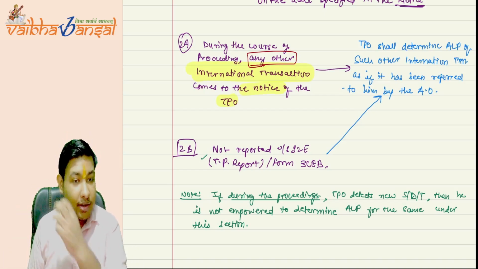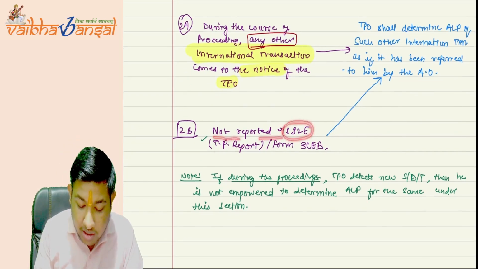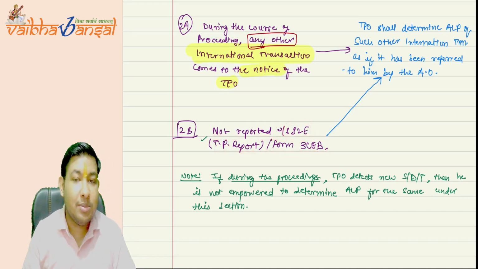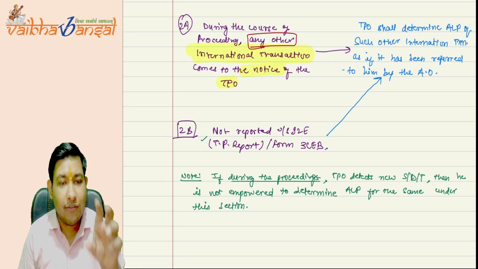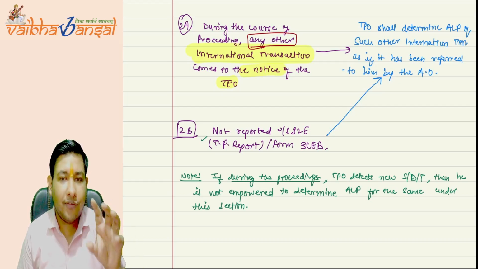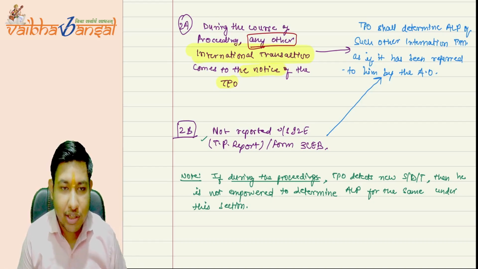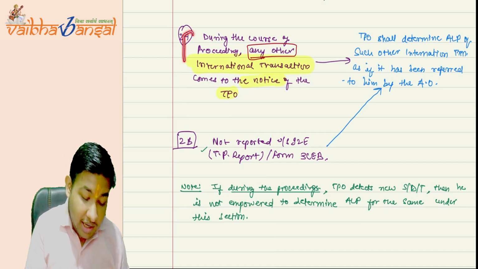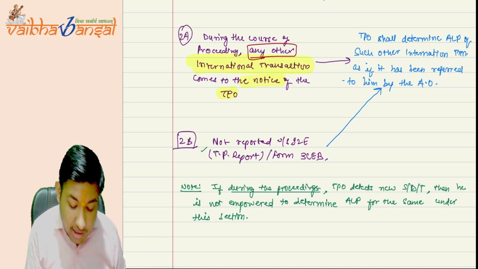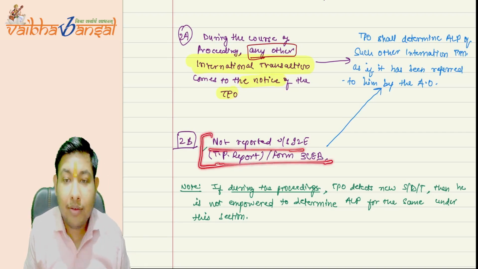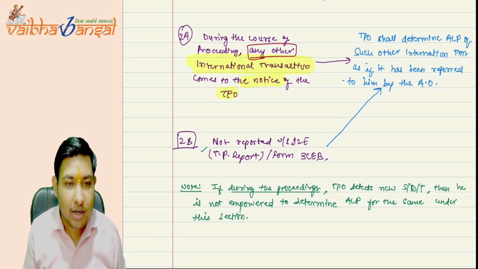And the 2B point, what is it? Not reported under section 92E, the TP report or Form 3CEB. The assessee has to file Form 3CEB for reporting all the international transactions. Suppose it comes to the AO's notice that a transaction is not reported under Form 3CEB, which is to be furnished by a chartered accountant.